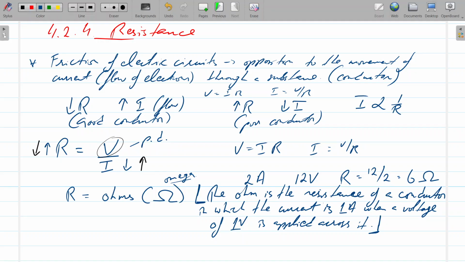So we did one. Let's do a question on the go. You have a current of 0.5 amperes flowing through a resistance of 5 ohms. What is the voltage?